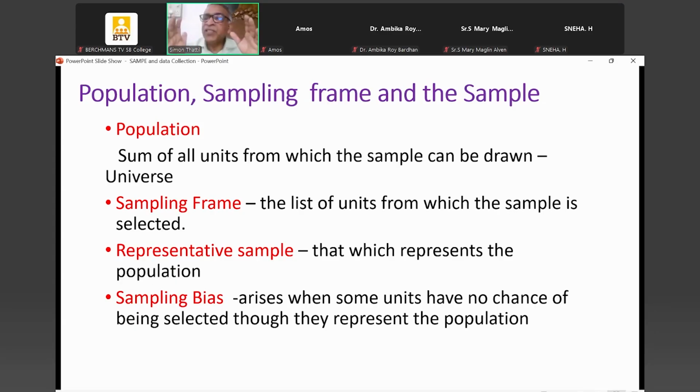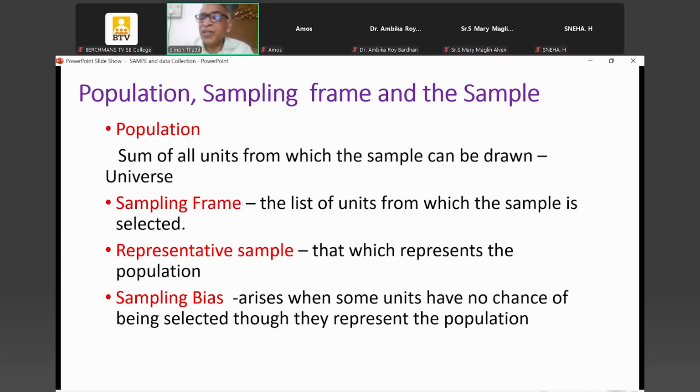I'm having a sampling design where I'm saying that those who reside beyond 50 kilometers, I want it on the basis of region, and I'm saying that those who do not reside within 50 kilometers of my domicile are not included in the sample. So there is a sampling bias there. Or I'm saying that people who are very old will not be part of the sample. Or people who have got very radical thoughts, I'm not going to take them in the sample. So I'm not giving every person, though representative, a chance to be a part of the sample. So in that case, we are saying we have sampling bias.